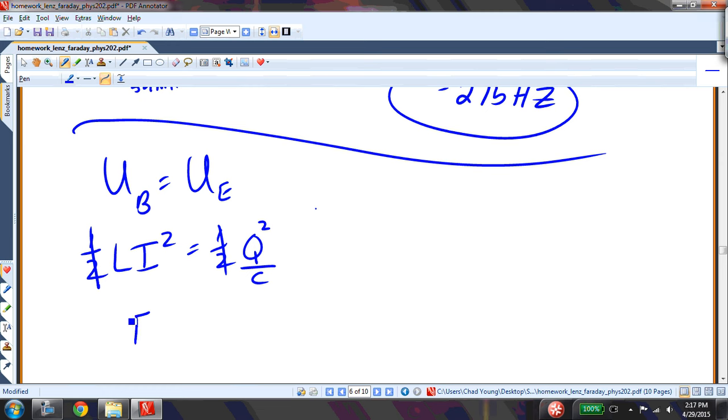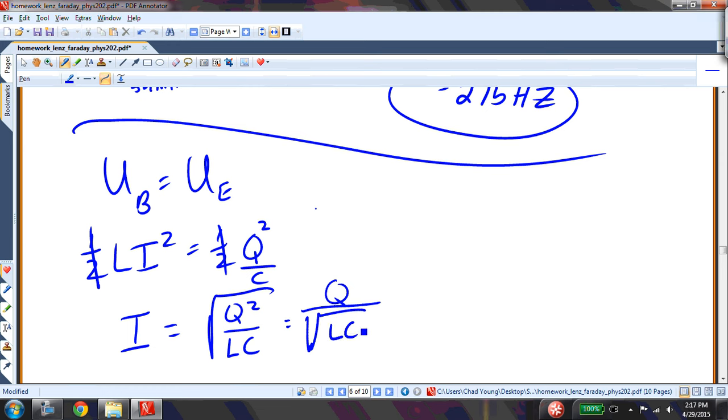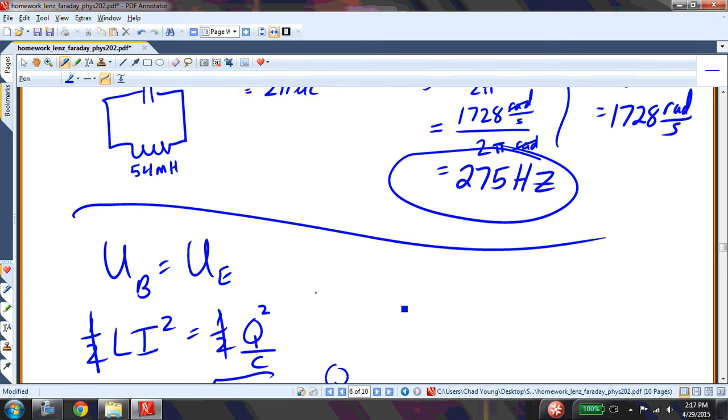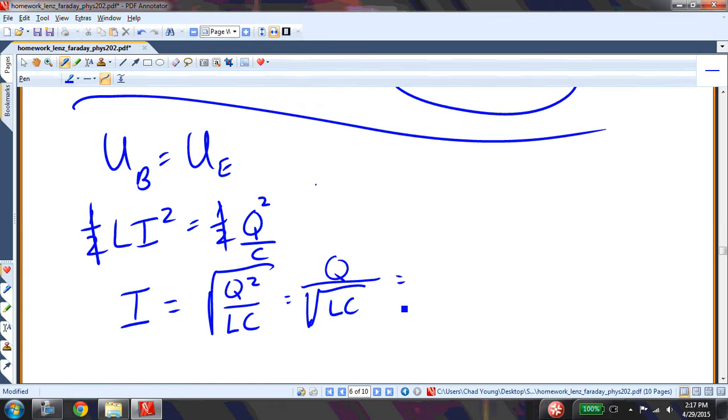I'm looking for I. So that is the square root of Q squared over LC, which is Q over the square root of LC. And if I do that, let's see, what was Q? I found Q up here, 211 microcoulombs, so that's 211 times 10 to the minus 6 coulombs.